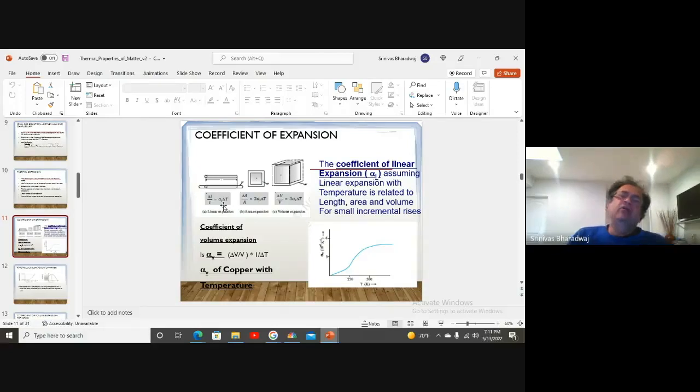So you end up with 3 times dL over L equals delta V over V. So that's where the 3 comes from: 3L square dL, since V equals L cubed.